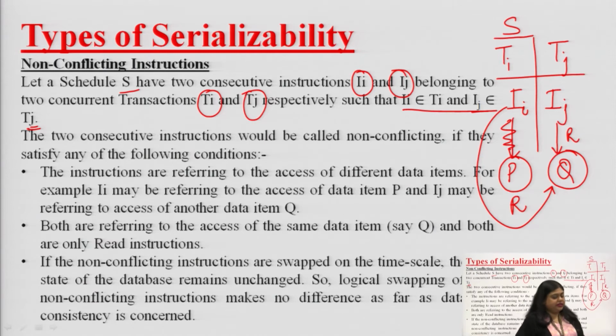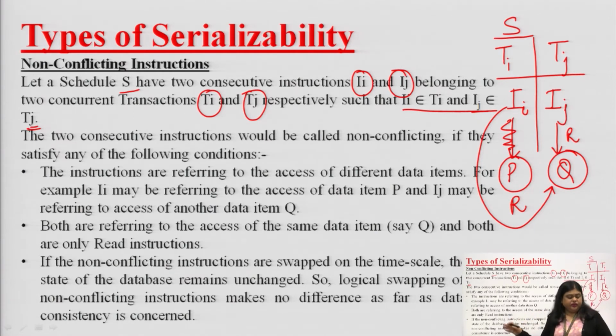Next, the third point: these were the two conditions for non-conflicting instructions. The third point says that if the non-conflicting instructions are swapped on the time scale, the end state of the database remains unchanged.